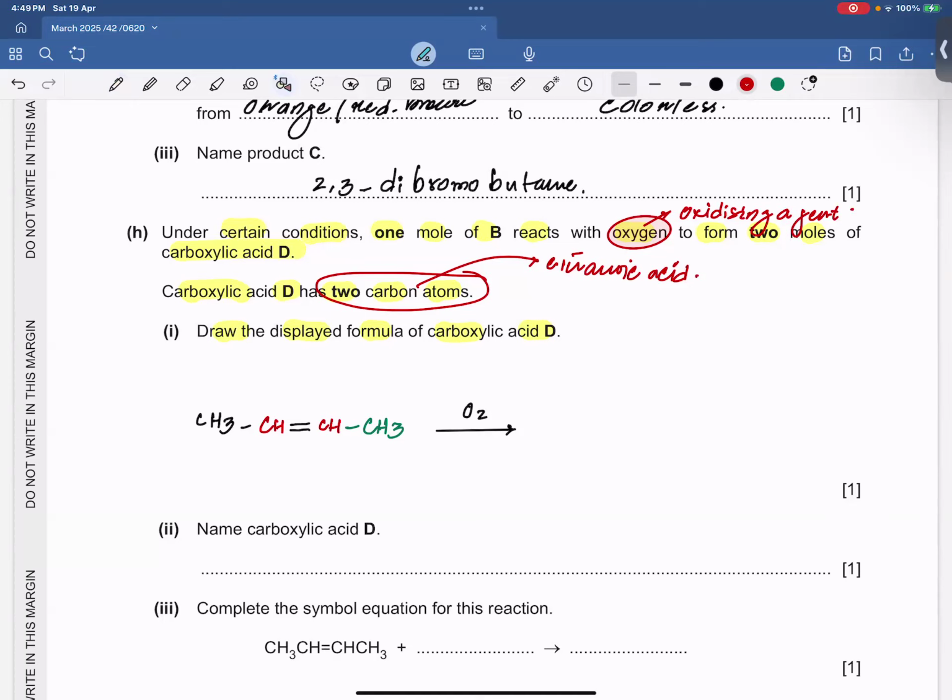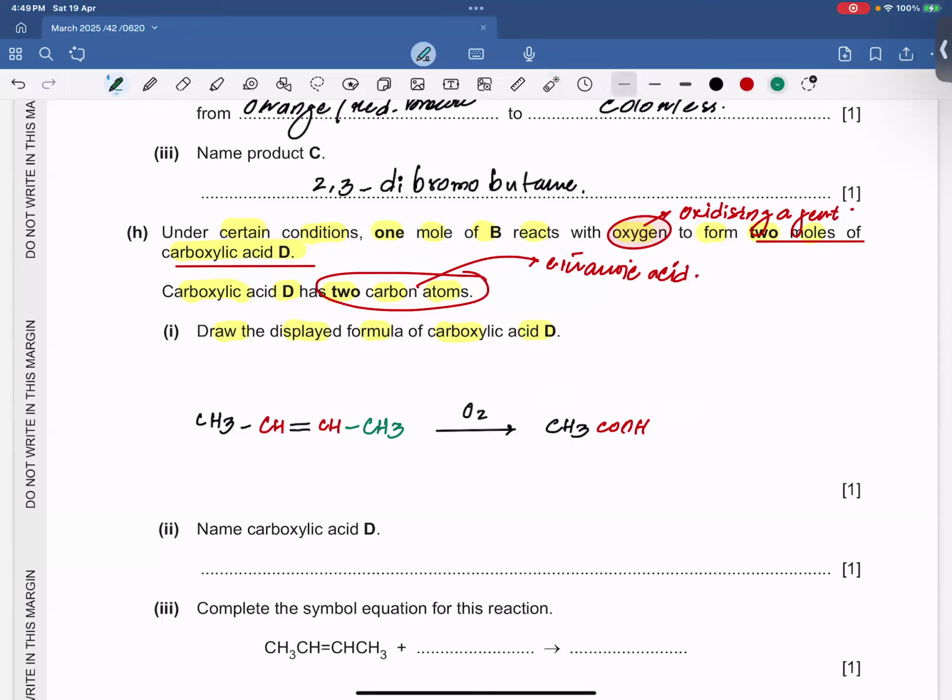And 2 moles of carboxylic acid are formed, which contain 2 carbon atoms only. So CH3 will remain as it is. This CH will turn to COOH. So that's your ethanoic acid, by the way, which contains 2 carbon atoms.